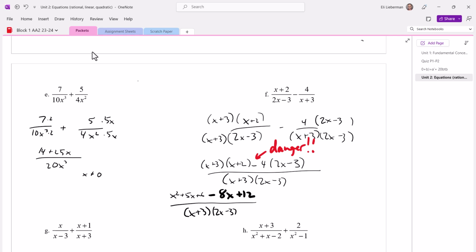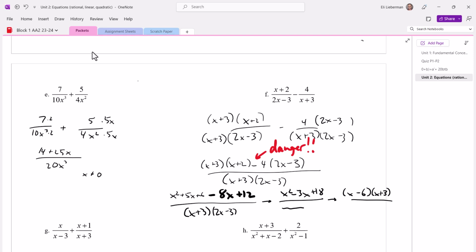Okay, so top becomes x squared minus 3x plus 18. Does that factor? Are there two numbers that multiply to be 18 and add to be negative 3? Yeah. X minus 6 and x plus 3, is that right?